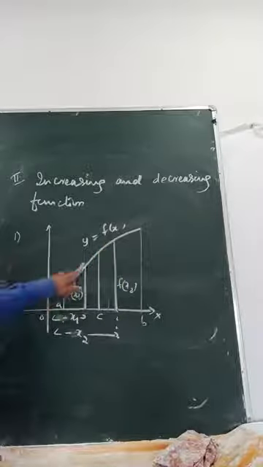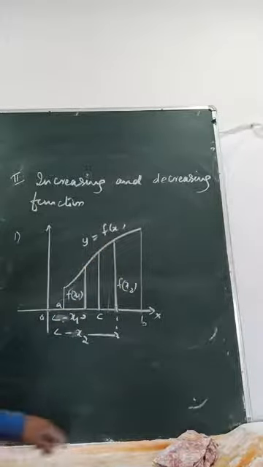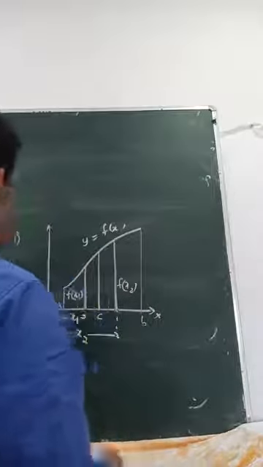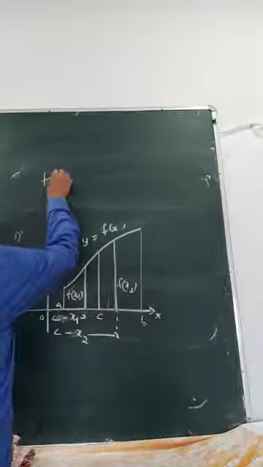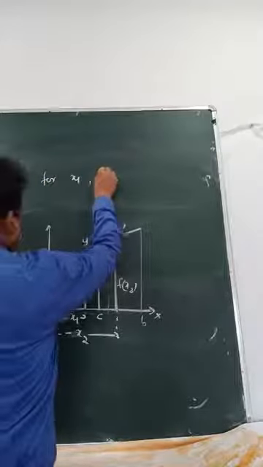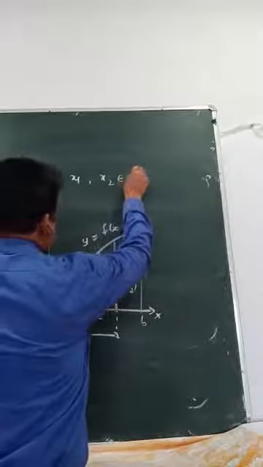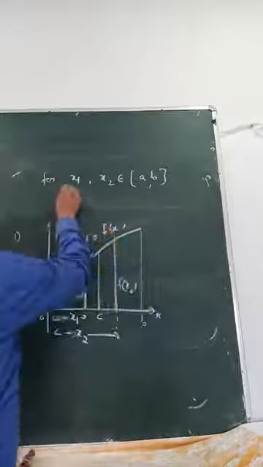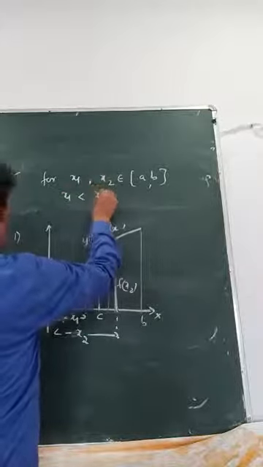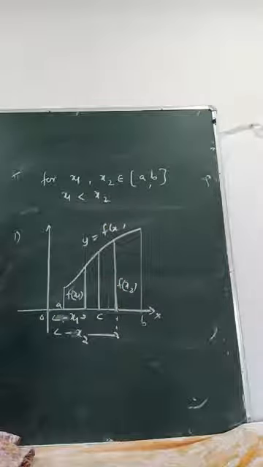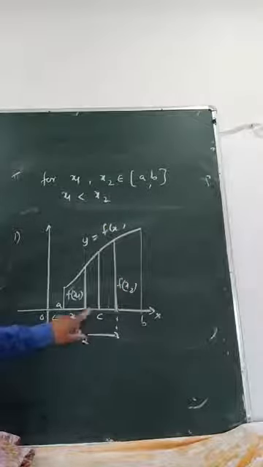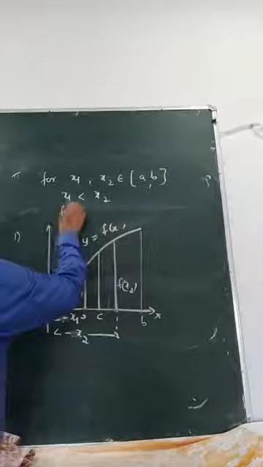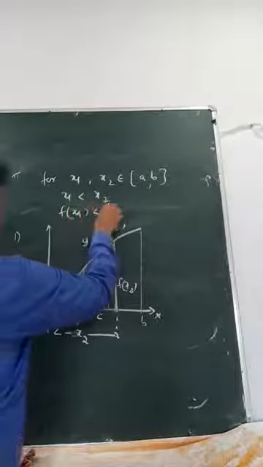So within this, what is tendency of the graph you are finding? That is increasing. So you can write here, for any 2 values x1, x2 belongs to the interval suppose AB, you find x1 smaller than x2, you find f(x1) is smaller than f(x2).